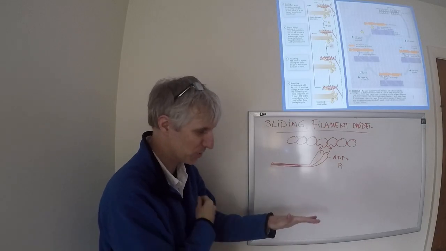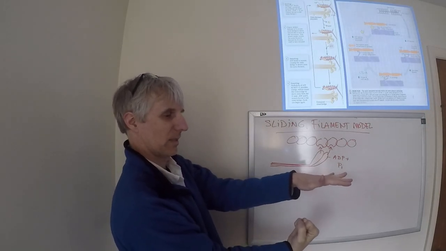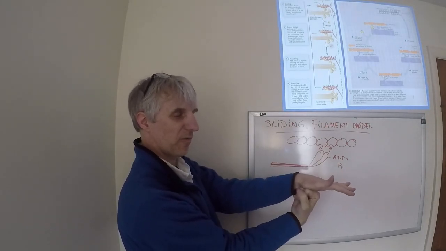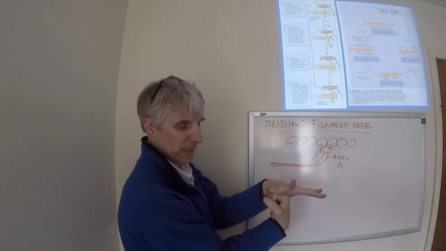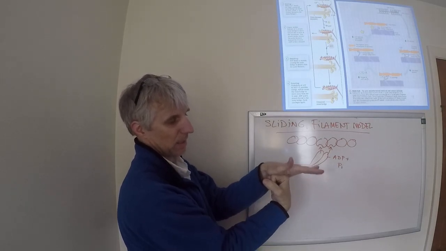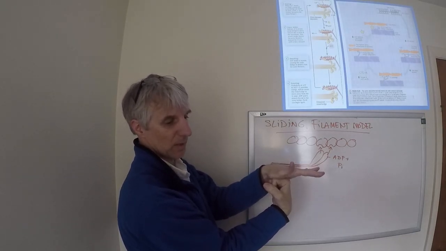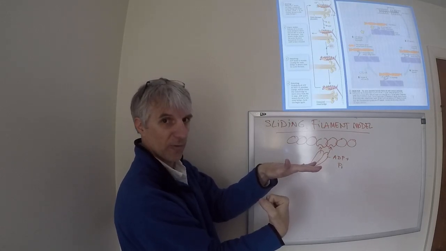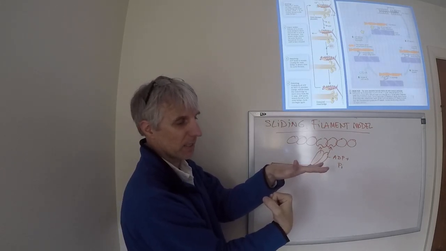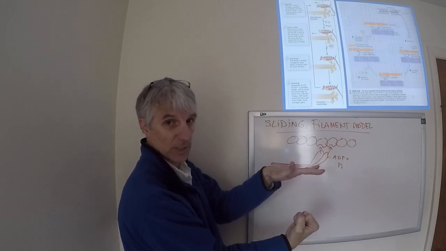So far we've got bind, release the phosphate group, pull in the power stroke, release the ADP. Attach ATP, pull it off, hydrolyze the ATP. That phosphate group provides the energy to get it back into the high energy conformation.